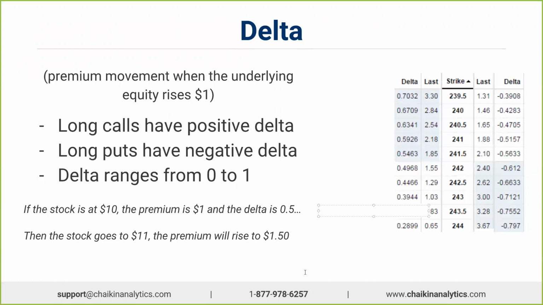All right, because we have a stock price at 10, the delta tells us how much it's going to rise if the stock goes up $1. In this case, it's telling us it's going to go up 50 cents. Our premium is $1, delta is 0.5. We go up $1 on the price. There we go.